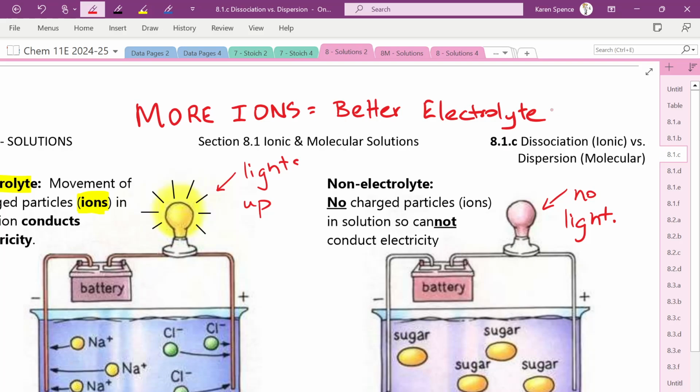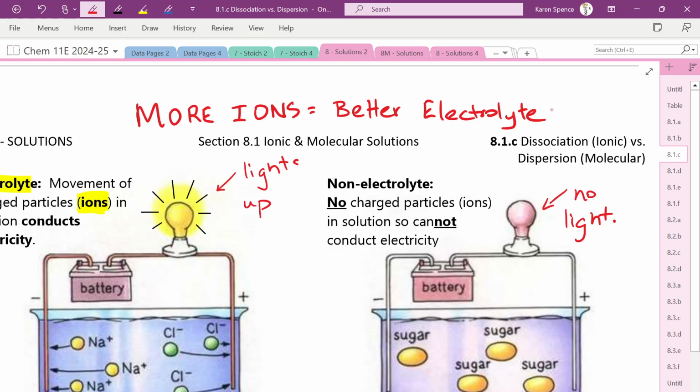And now we're going to do some sugar. Where did I put my sugar water? Oh, right here. Okay. What do you guys think is going to happen with sugar?